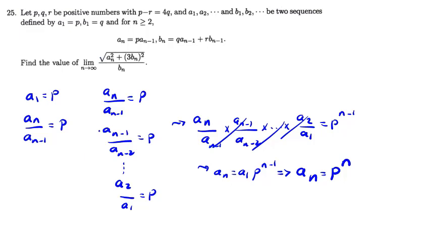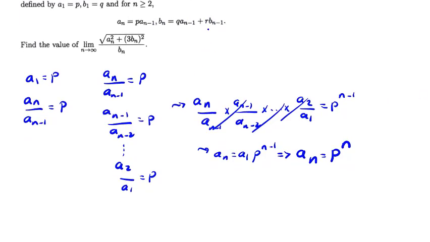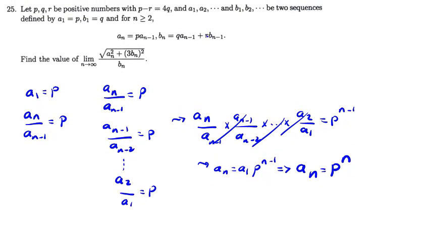Now we want to calculate b. If you want to use, for example, the telescoping rule, we can replace an minus 1 with this formula, but for bn minus 1, we have r. If we didn't have r, we could easily solve it by the telescoping rule. But when we have a coefficient, it depends. If the coefficient is constant, you divide by r to the power of n, giving bn over r to the power of n.